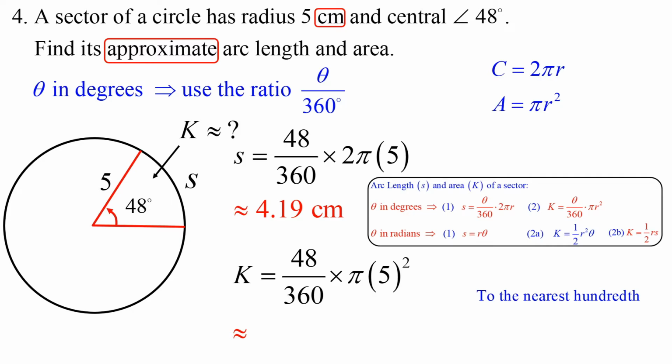And I'm getting a 10.471975551. What do I want to round to this time? Oh, I am mixing it up. I'm going to round this one to the nearest tenth. So can I go 10.5 there? 10.5. And since my units are in centimeters and this is area, this would be square centimeters. And there's number 4. Great problem.